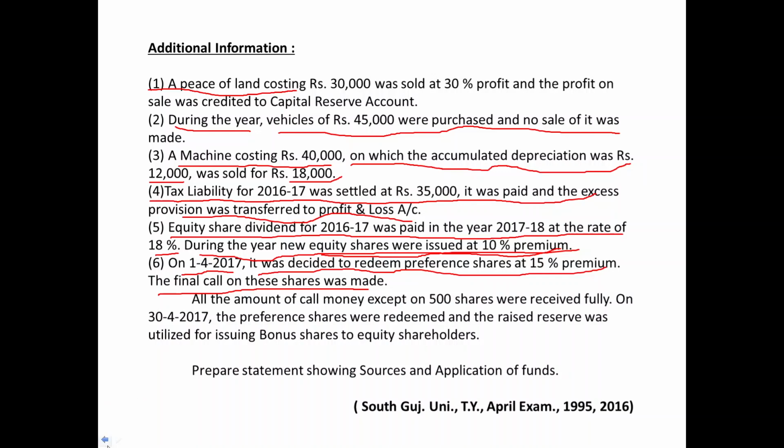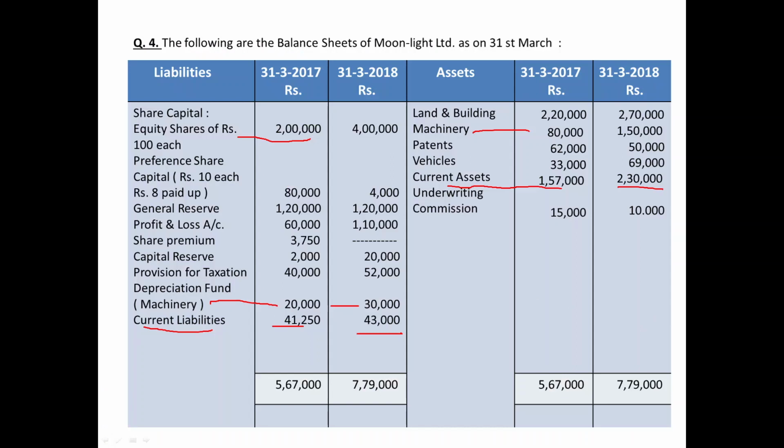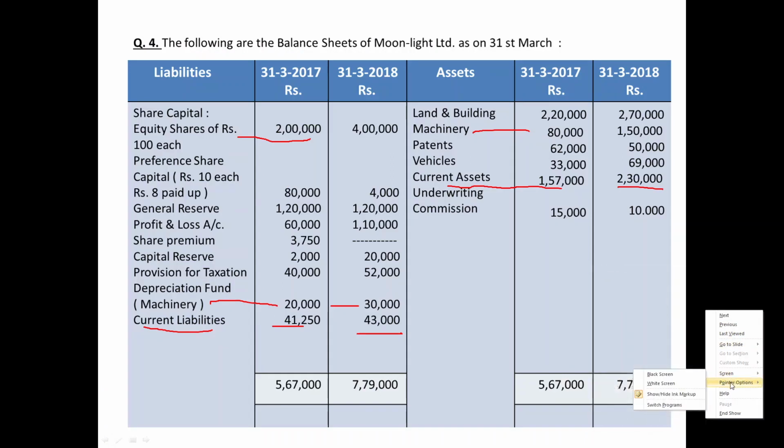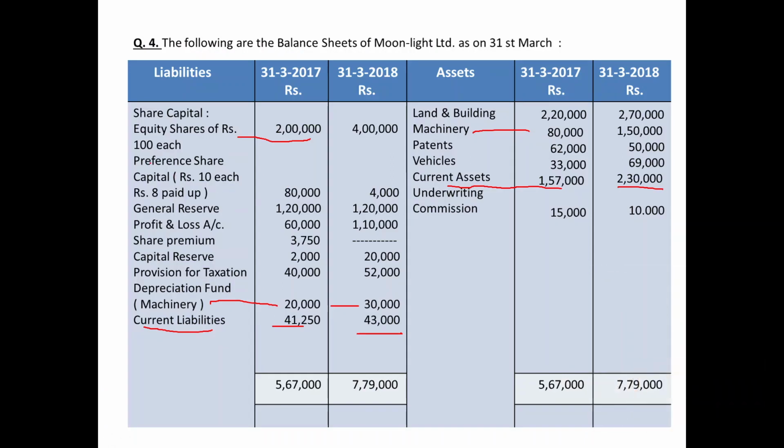Let us verify the balance sheet. Have a look at the second item on the liability side. Yes, preference share capital of rupees 10 each, rupees 8 paid up. Yes, it is a partly paid up share capital. Opening balance 80,000, closing balance 4,000.